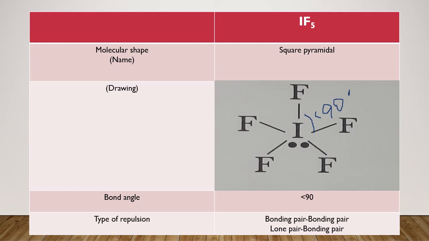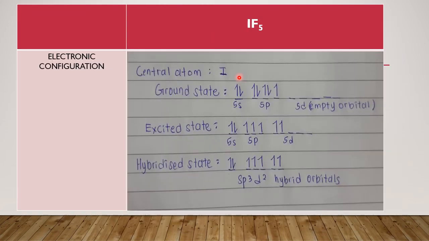And the types of repulsion are bonding pair to bonding pair and lone pair to bonding pair. If you answer all this correctly, then you will get 3 marks.